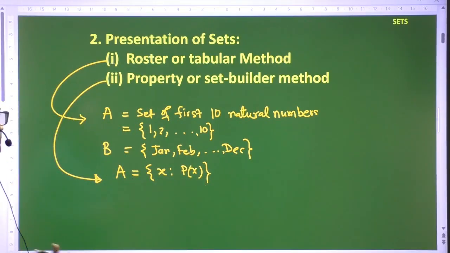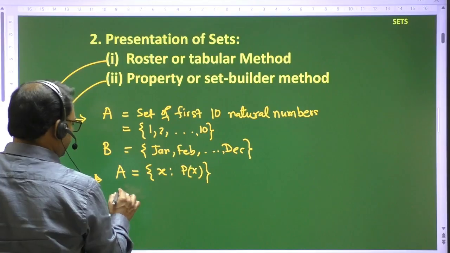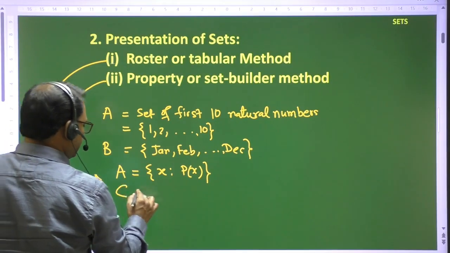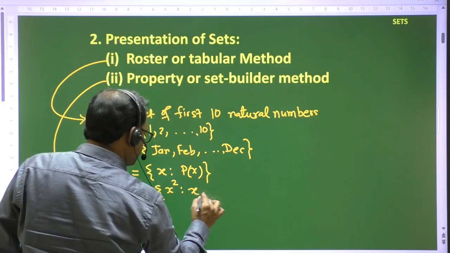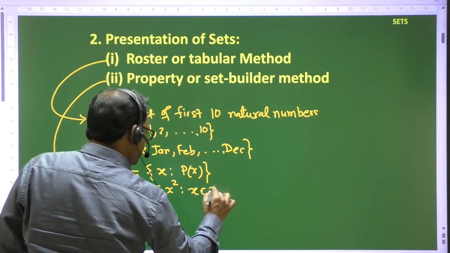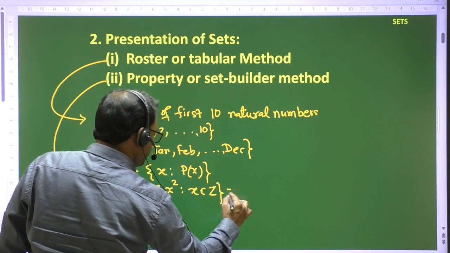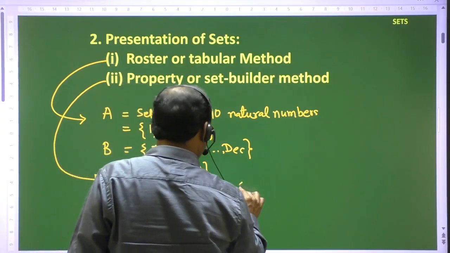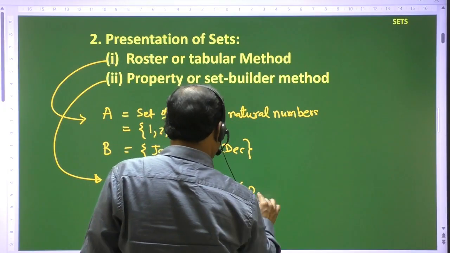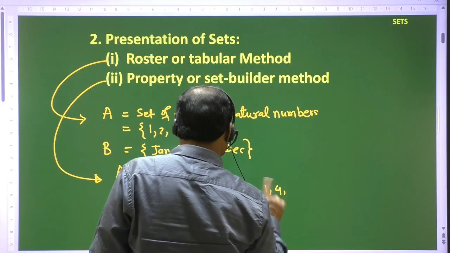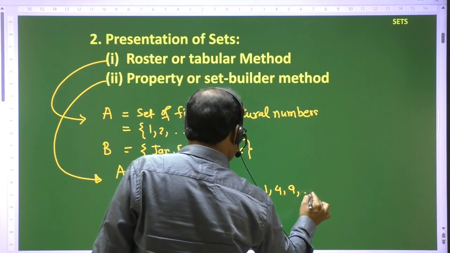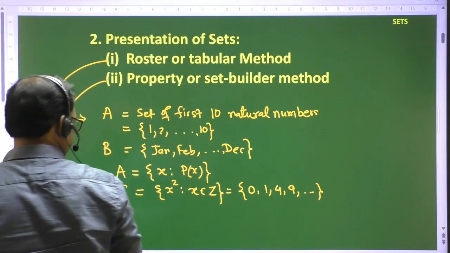For example, suppose C is the set of all x squared, such that x belongs to integers Z. If x is 0, we have 0 squared is 0, then 1 squared is 1, 2 squared is 4, plus or minus 3 squared is 9, and in this way we get the set.